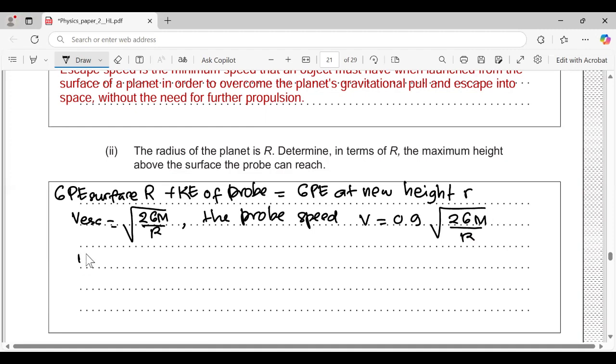And the kinetic energy of the probe equals 1/2 mv squared, actually.